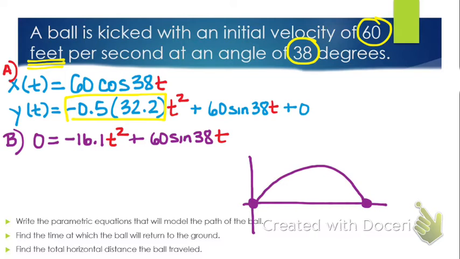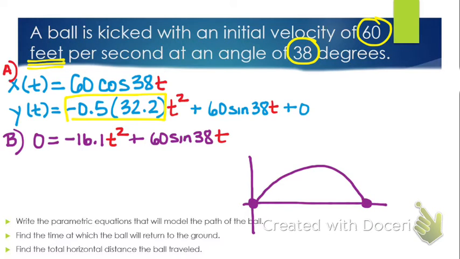Does anyone know how I would solve this quadratic? No, we have to factor it. So this is a little bit of algebra. We could do the quadratic formula. That's a lot though, because this is factorable. Greatest common factor. What is my GCF?